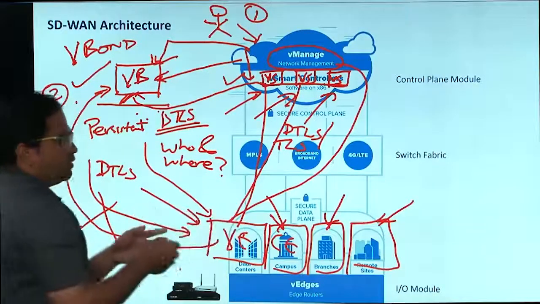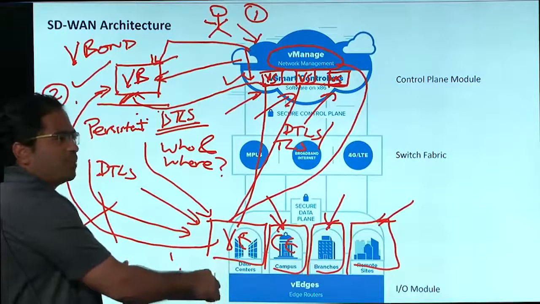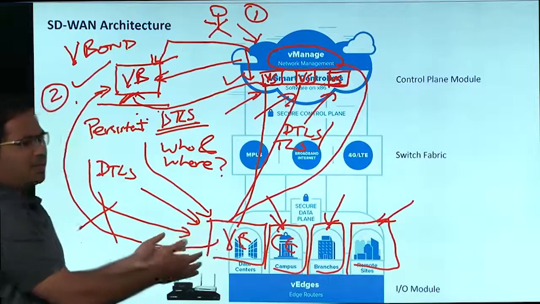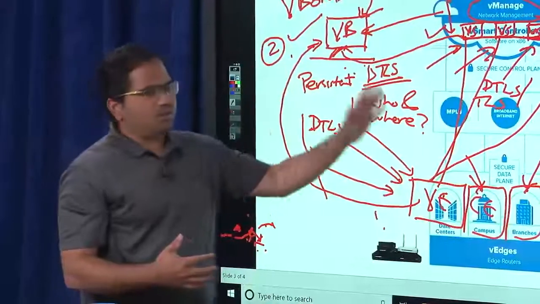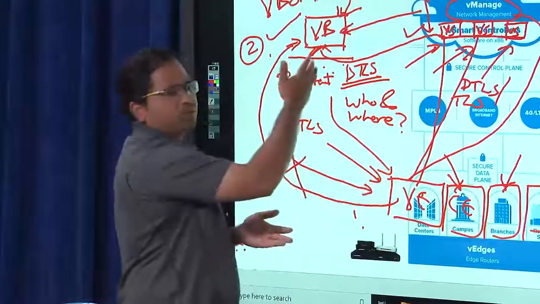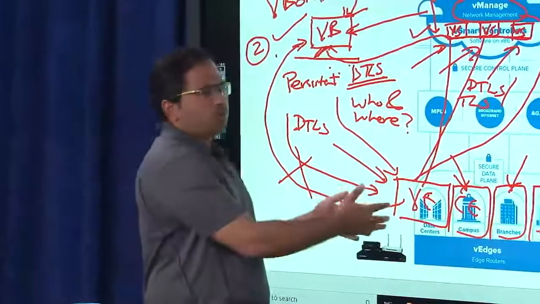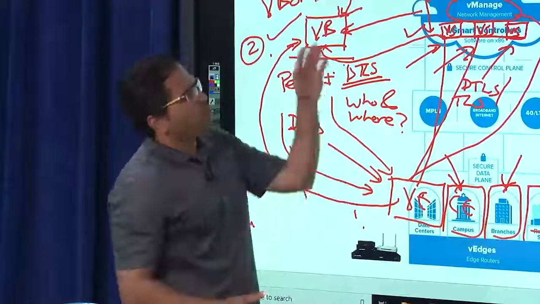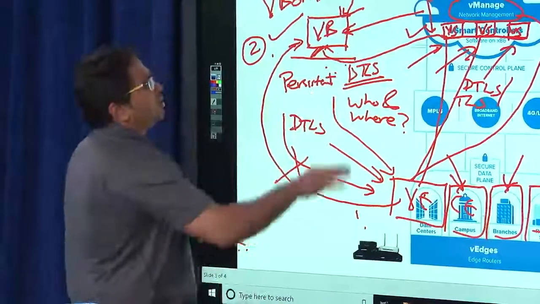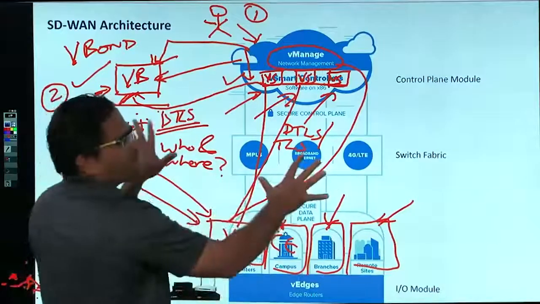The only aspect that isn't automated is powering these boxes up and plugging it into the internet. The configs, the overlay bring up where we call home to the vBond, all of this is an automated system. There is no intervention required by a network operator. The network operator comes into picture only once this whole network is up.